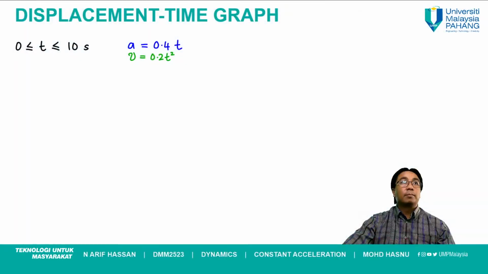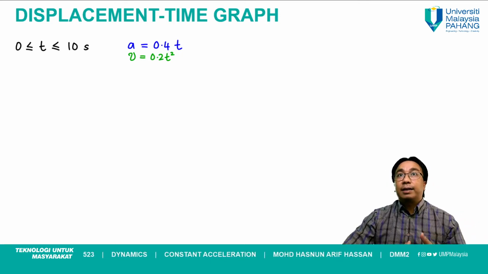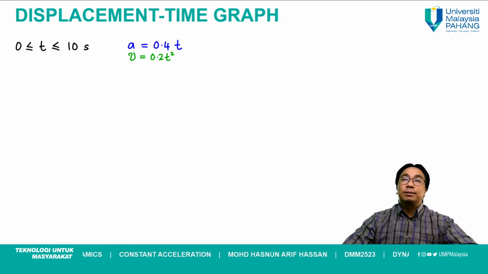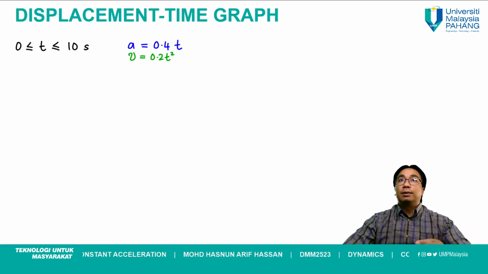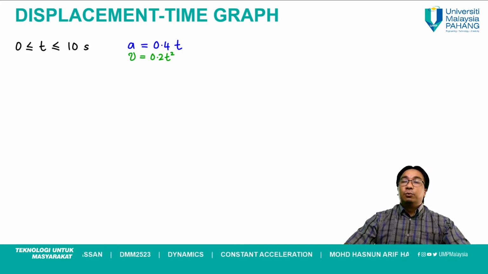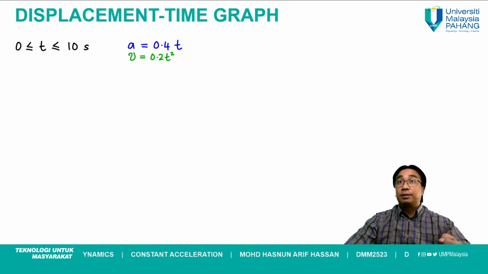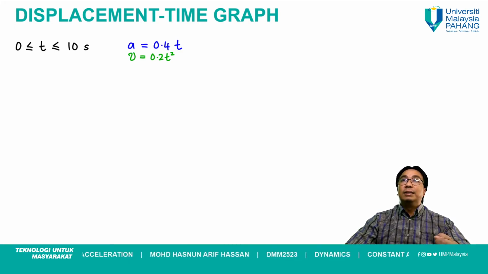Okay. Alright. Sekarang kita pergi kepada fasa yang pertama dulu. Fasa 1 which is t from 0 until 10 seconds. Kita ada equation tadi a equals to 0.4t, and then from this equation we have derived the function of velocity which is v equals to 0.2t square.